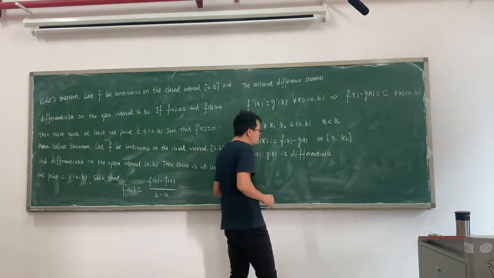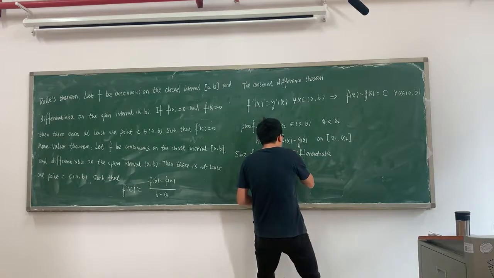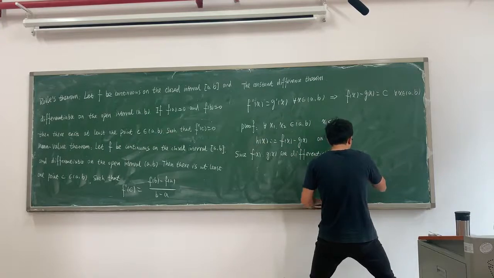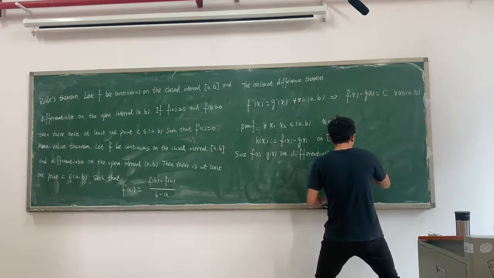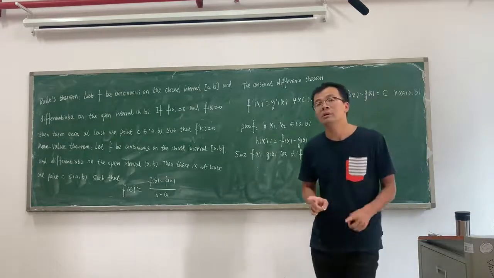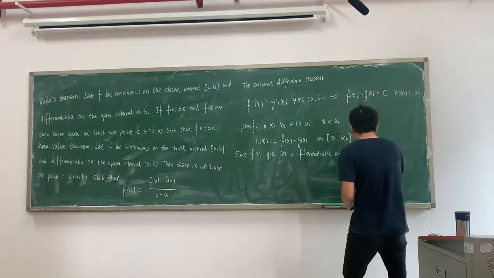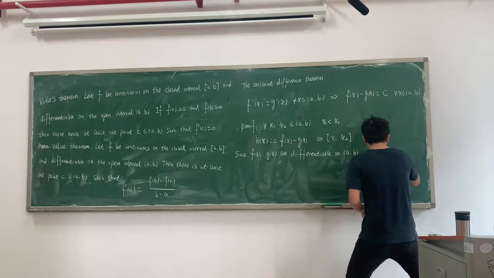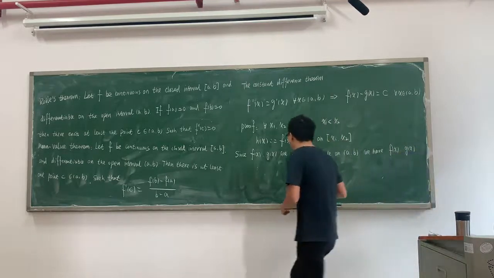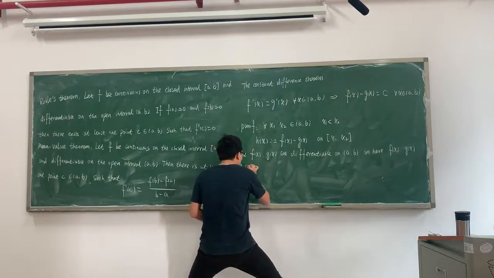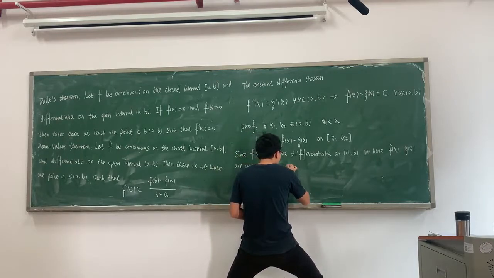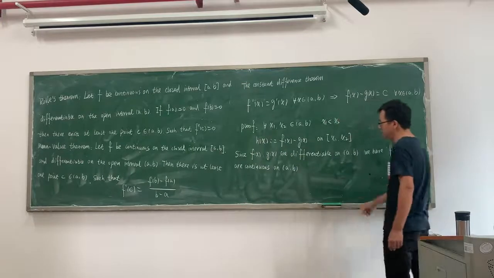Since f(x) and g(x) are differentiable on the open interval (a, b), we know if a function is differentiable, then the function is continuous. So f(x), g(x) are continuous on the open interval (a, b).